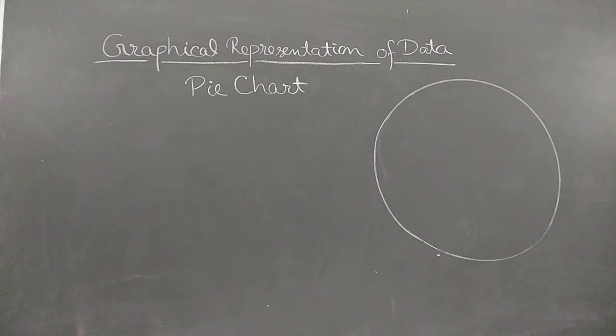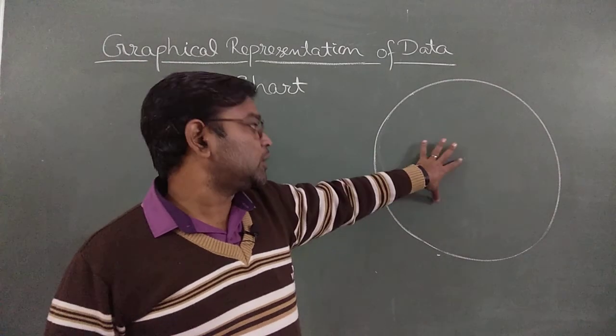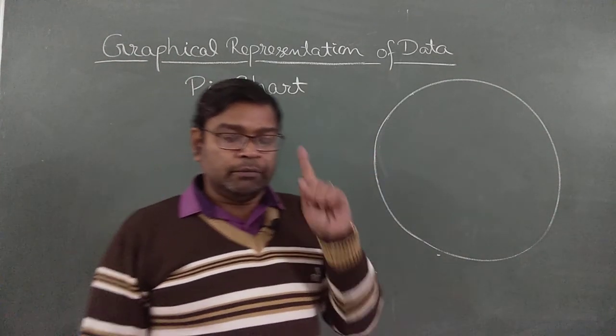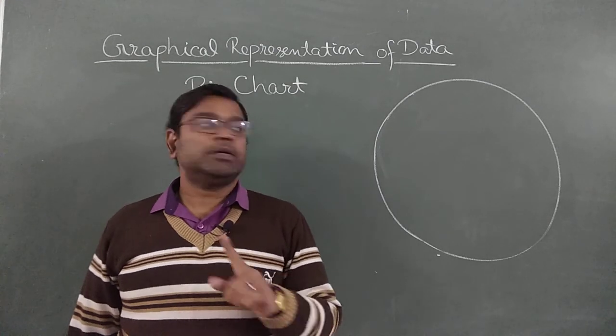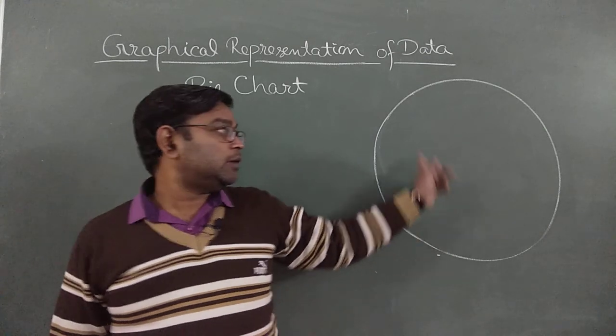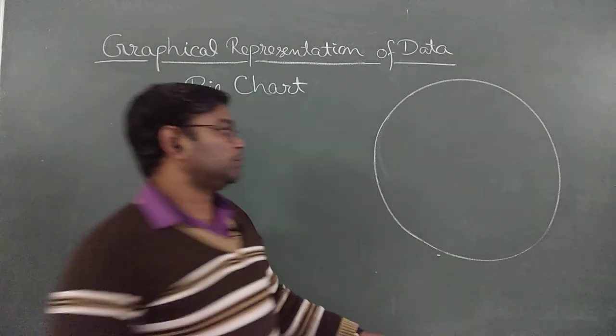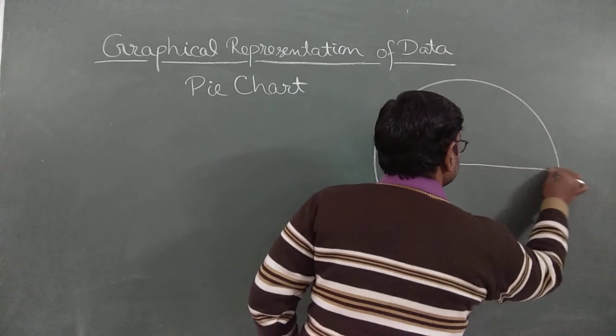Now, as you are observing, this is a circle. Here we use this circle for the pie chart. Before we start the discussion, always remember that the complete angle made by the radius of the circle is 360 degrees. Suppose this is the center of the circle and this is the radius.